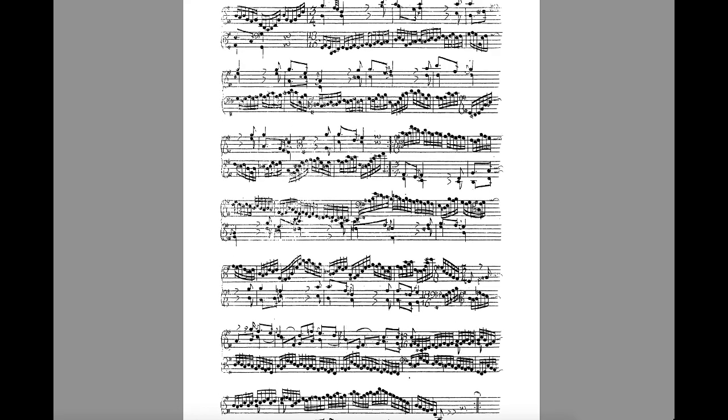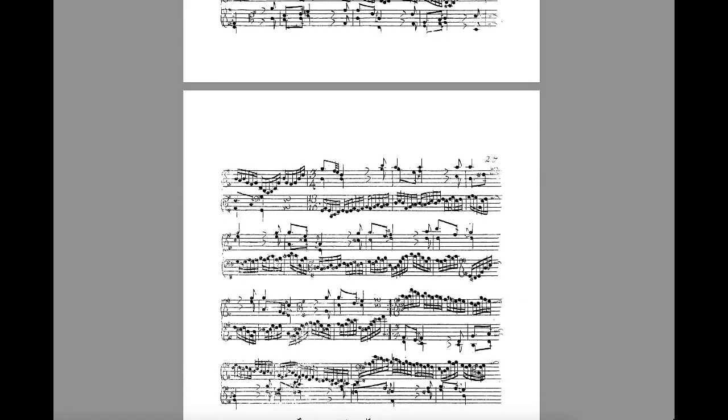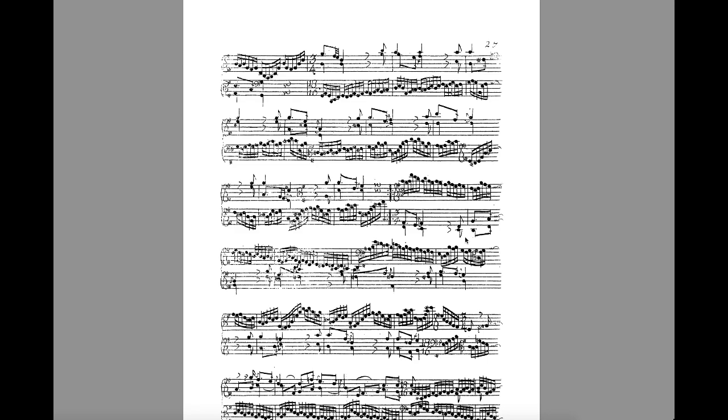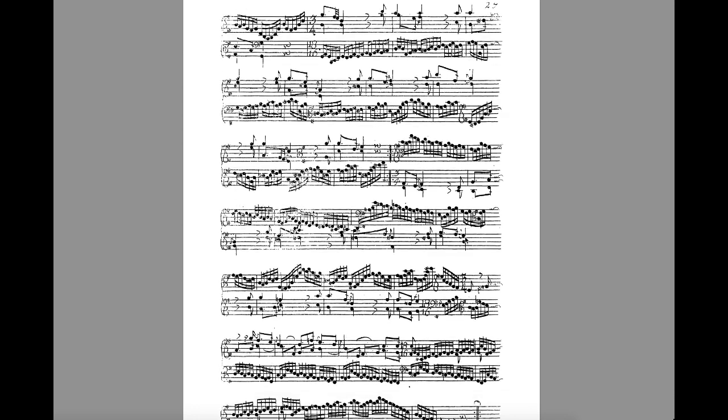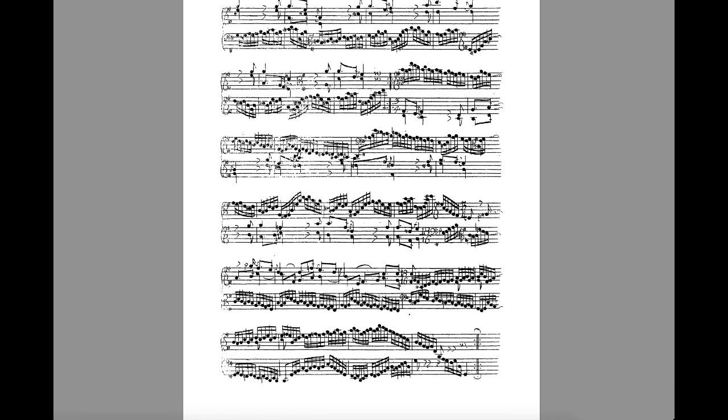Very significant, because usually this variation is played very, very fast. But when performers start adding these appoggiaturas that Bach added, it really becomes sort of counterproductive to play it as fast as humanly possible, as it usually is.